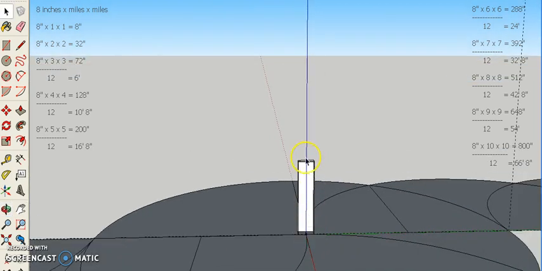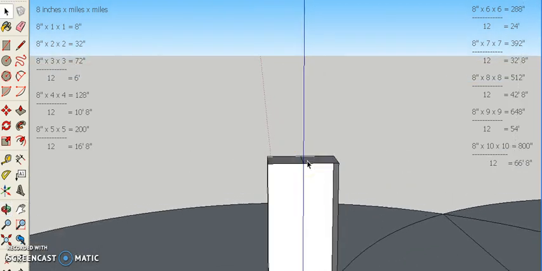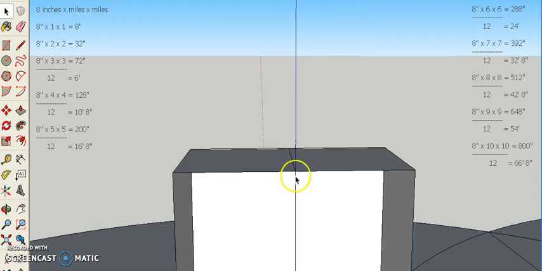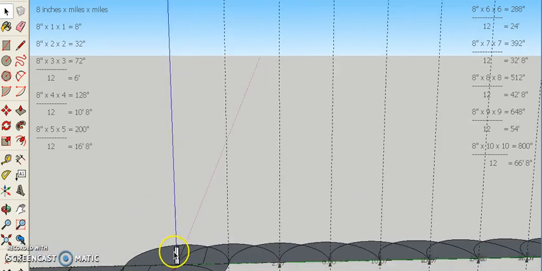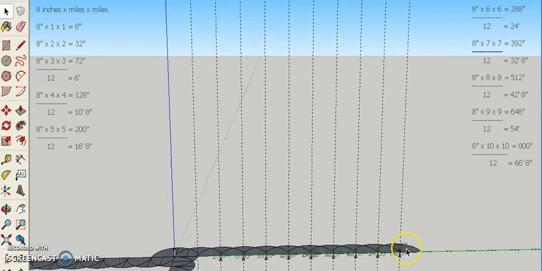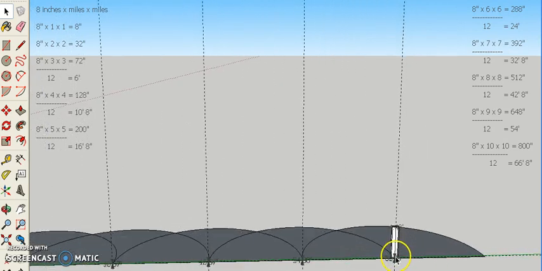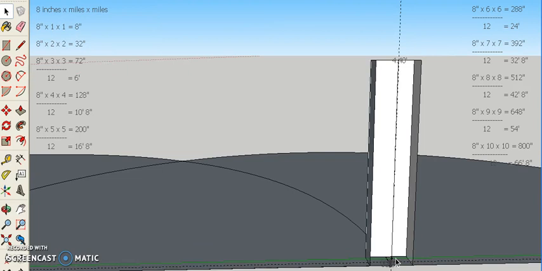And you can see the Z axis is aligned with the center point of the building. Now, 10 miles away, we have this building, and it is sitting on the ground.